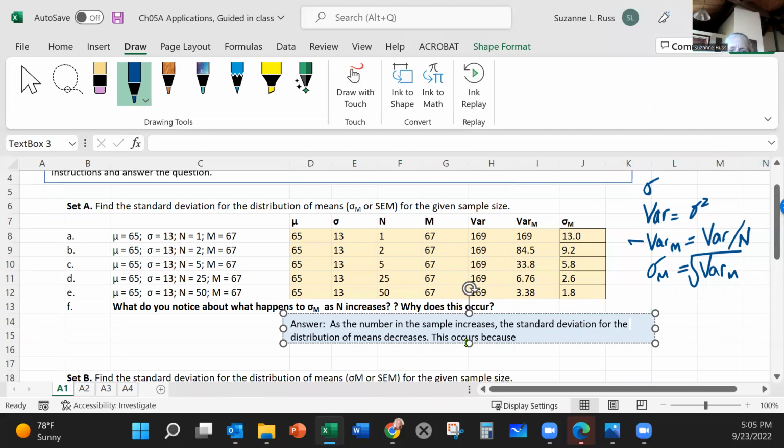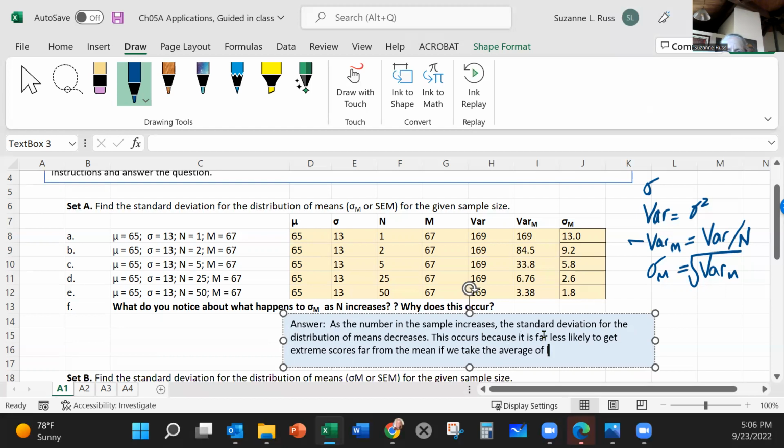All right, as the number in the sample increases, the standard deviation decreases. This is because it is far less likely to get extreme scores, far from the mean, if we take the average of larger sample sizes.